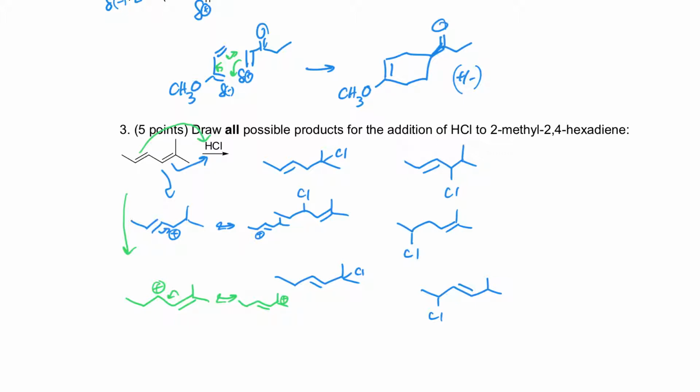So in order to make the kinetic product, we would avoid the rearrangement or the movement of the resonance and just add our chlorine there. In order to form the thermodynamic product, we would use the resonance to form the 1,4 addition.